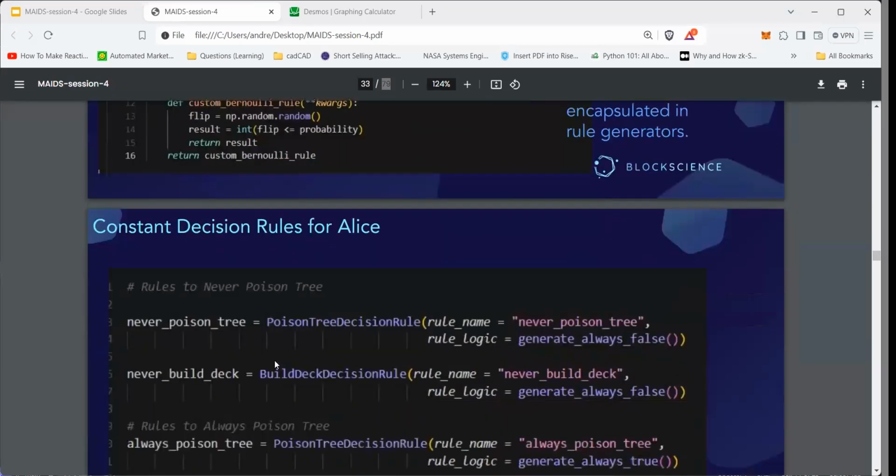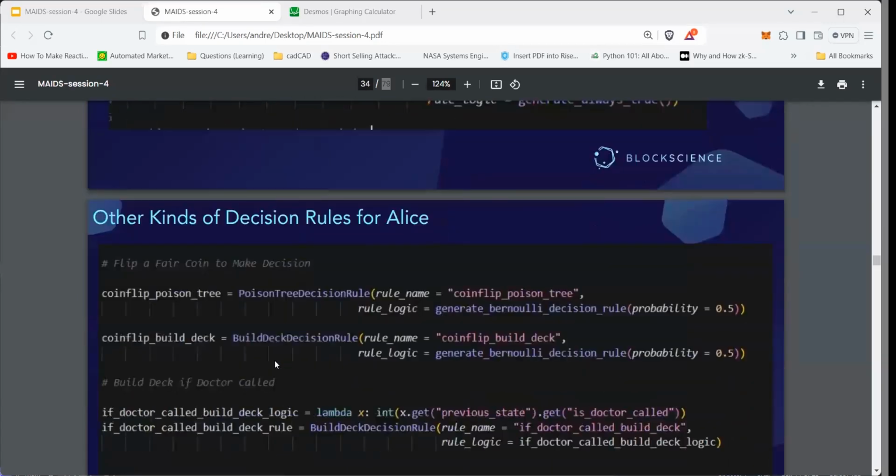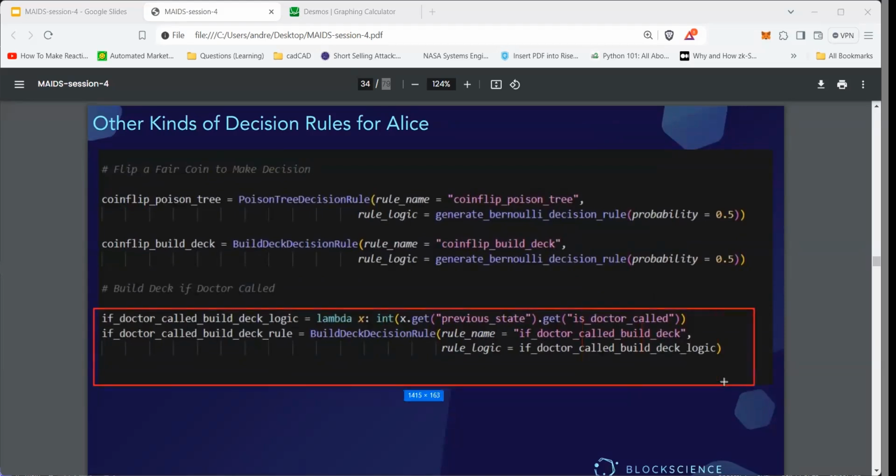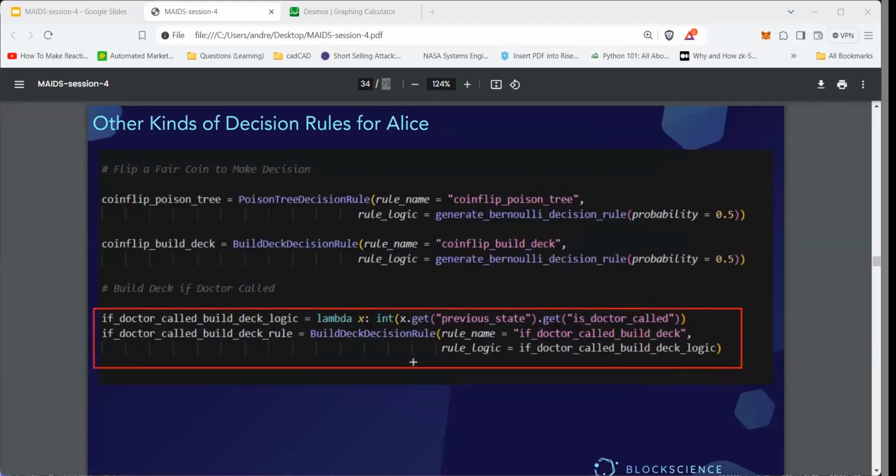But here is an example of a decision rule where Alice only builds the deck if the doctor was called. And so what's happening here is we're taking the previous state. The way we've set this up is that policy functions always punt to agents.